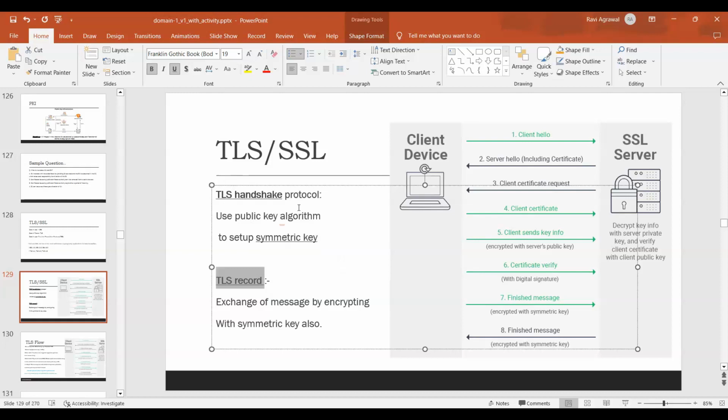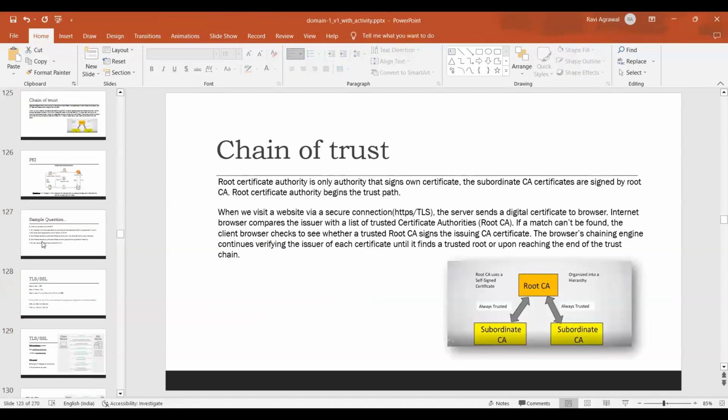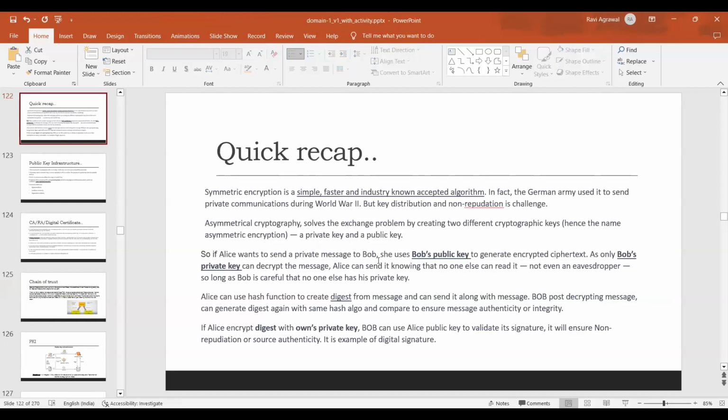These are very important steps. How it works, we'll see. In the handshake step, public key algorithms are used to set up the symmetric key. Sorry, asymmetric key or public key algorithms. In that case, you use the receiver's public key to send a message. Hope there's no need to recall this, but I quickly recall it again.